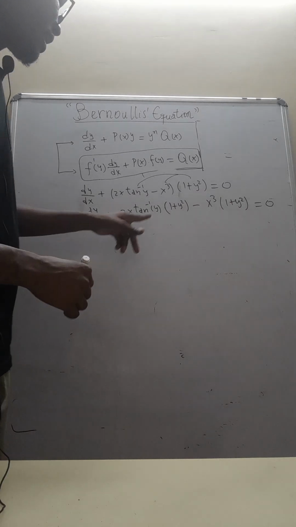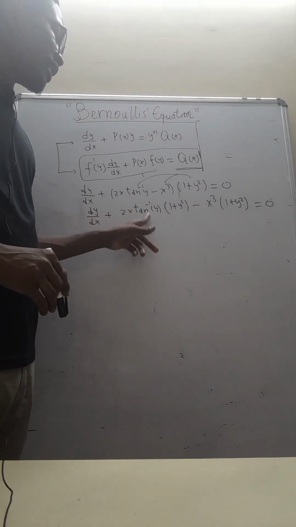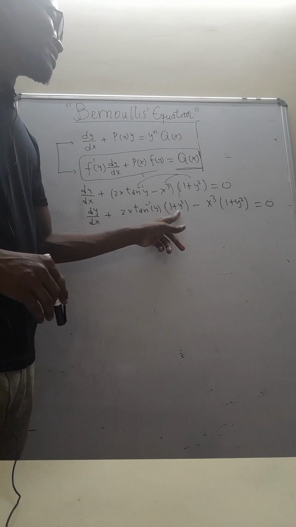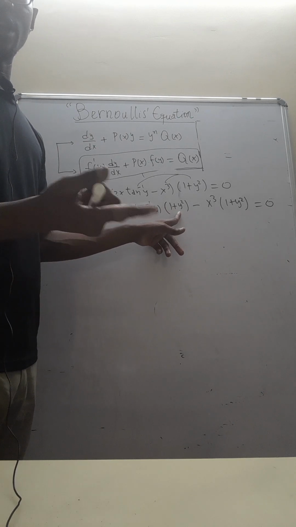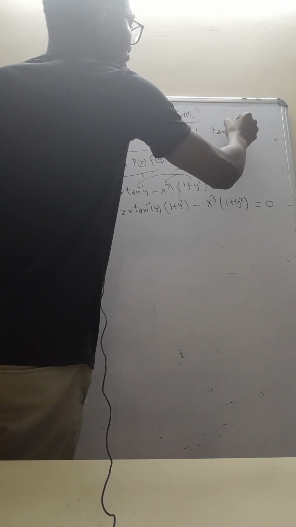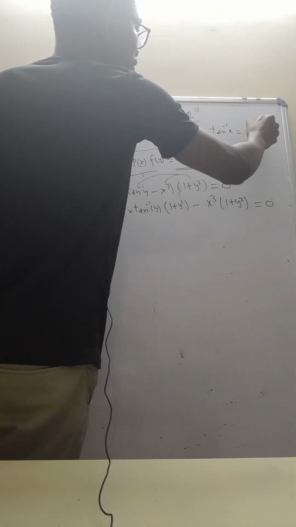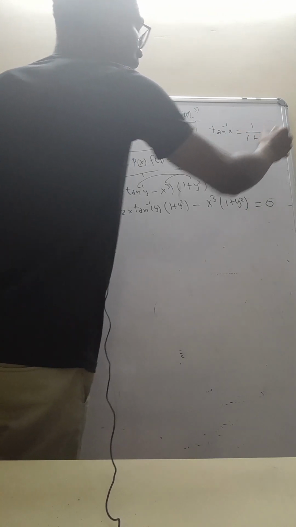So think, you have tan inverse of y. The derivative of tan inverse of y is this expression, but on the opposite side. When I derive tan inverse of x, this is 1 upon 1 plus x squared. So this is what you gain.